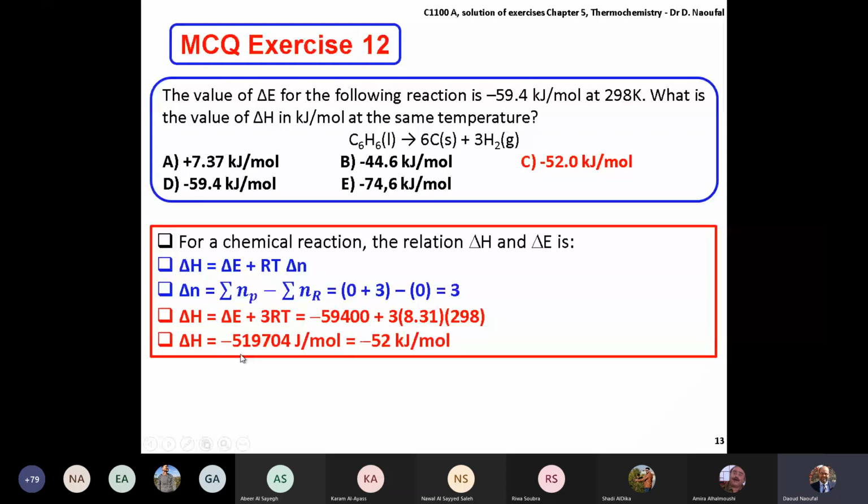So delta H equals minus 51974 joule, which is equal to minus 52 kilojoule per mole. And the correct answer is C.